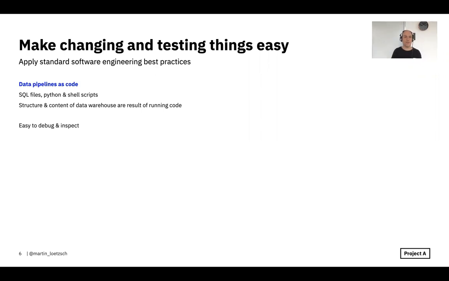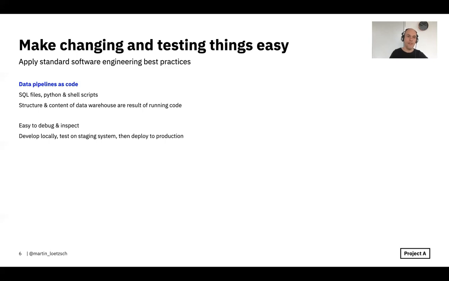Everybody knows how to read SQL files or Python files, and they're also easy to debug. If there's a problem, then you check what kind of data went into a SQL script and run it again and analyze it, compared to clicking on some nodes in a graph and trying to figure out what's happening in those.